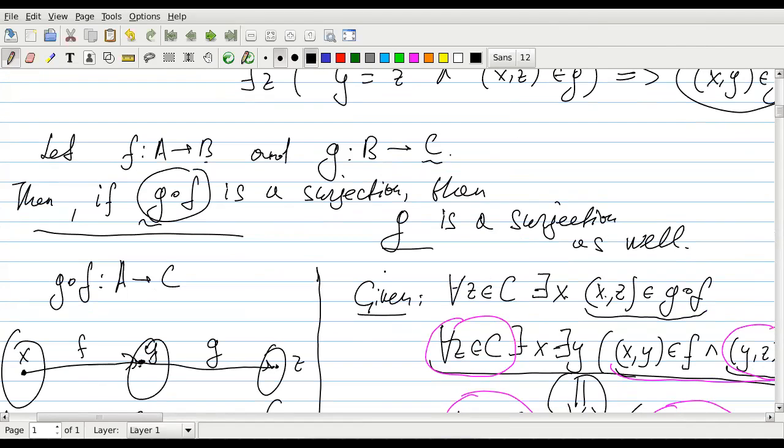In fact, we have in no way used functionality, so this is true for any relations. If the composition is surjective, then the outer relation is surjective as well.